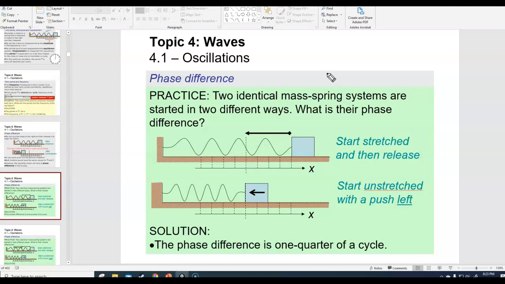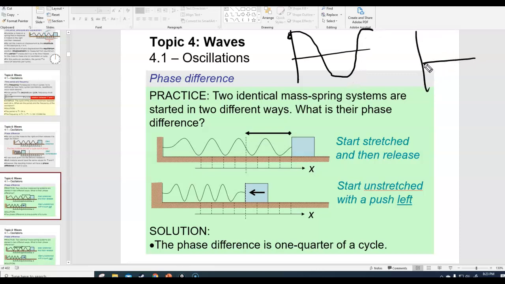Even though I don't want to get too much into the graphs, the graph for the top one would look something like this. It would start at a positive displacement, and then it would go back down towards equilibrium, something like this.